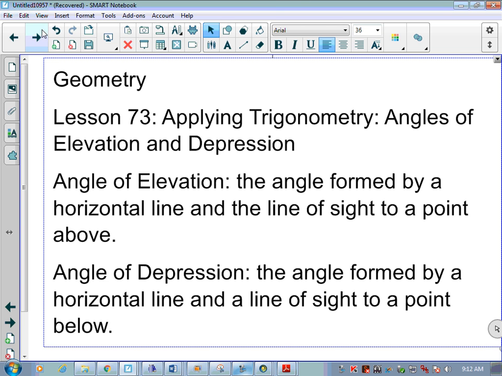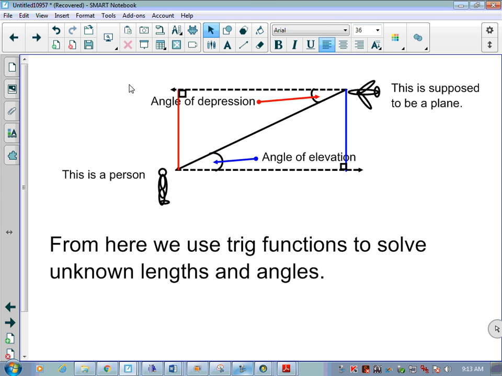This is a picture, and this shows the differences. I did my best to draw a couple of these figures. Here's my airplane up here. He has a line of sight that's running across. As he's looking down at something, that's forming an angle of depression. This is the right triangle that we want to draw in order to find what we need to find. Does that make sense?